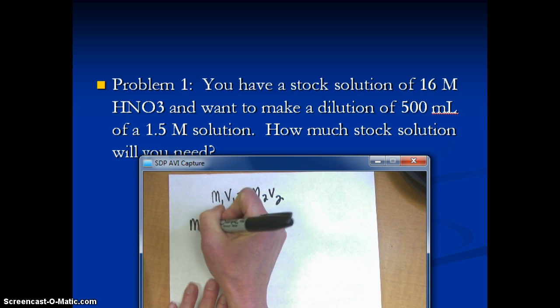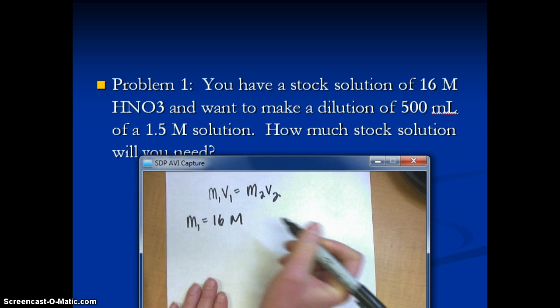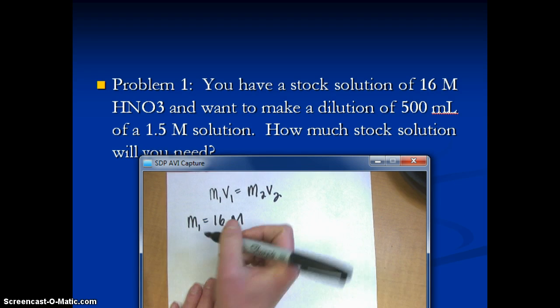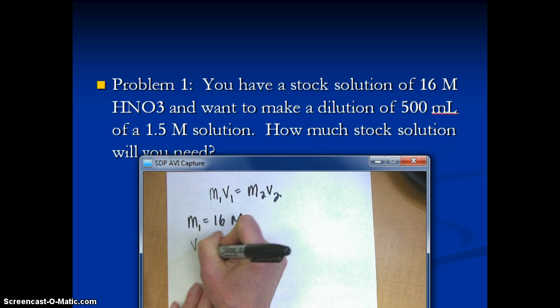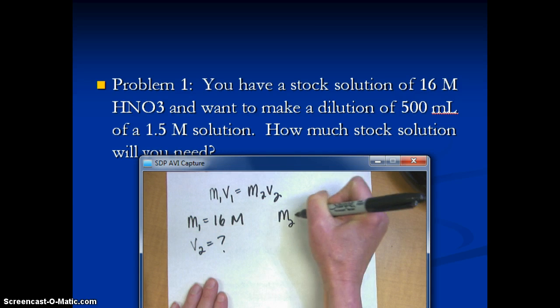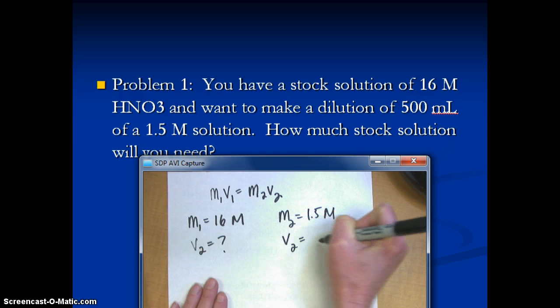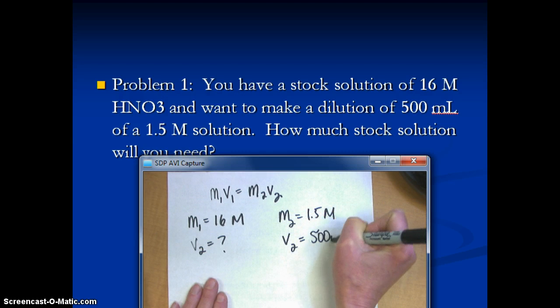So M1, that's the molarity of the stock solution, which is 16 molar, and we don't know how much of that we're going to need to make a 1.5 molar. We only want 500 milliliters.